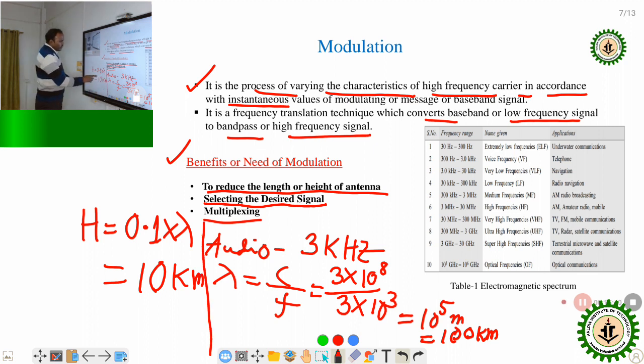When you want to transmit this 3 kilohertz signal over the radio media, the open air media, the antenna height requirement is 10 kilometers. So this is impractical. You cannot make this size of antenna to transmit this signal.